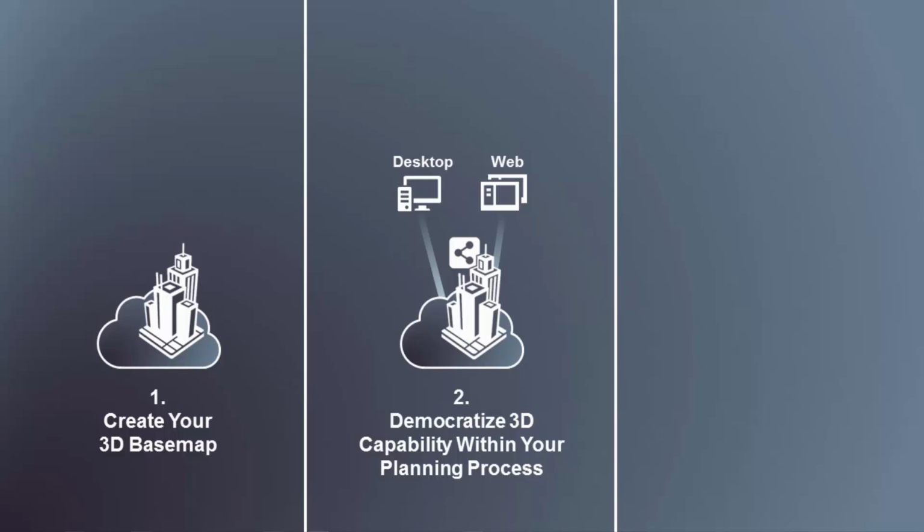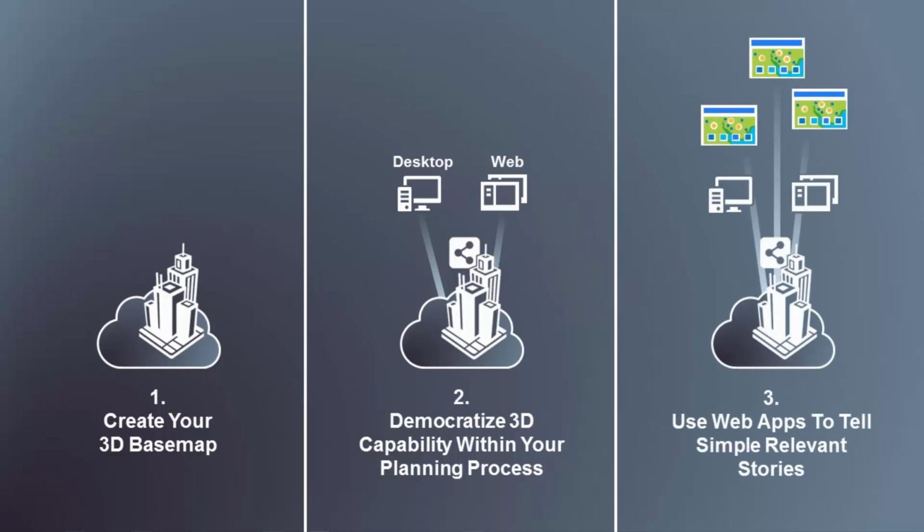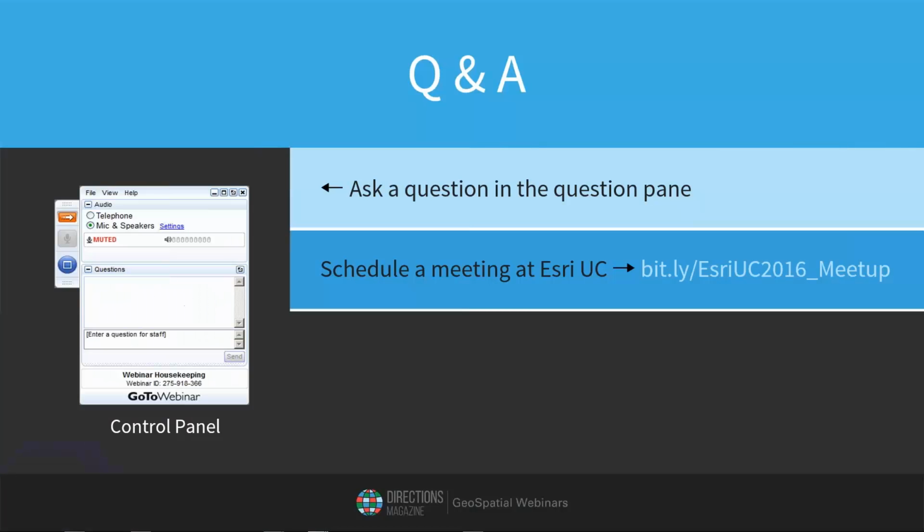Utilize both desktop applications like CityEngine, ArcGIS Pro, and also web-based tools like Geoplanner, which we previewed here today. And finally, use web apps to tell simple, relevant stories. These can be made quickly, and they can be integrated with existing web pages and other PR outlets that are currently being used. And with that, we're going to open it up for questions.